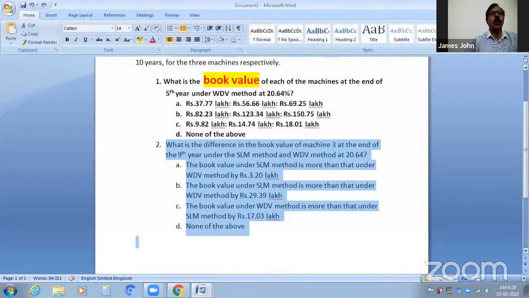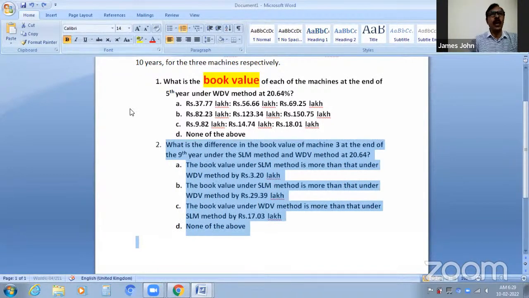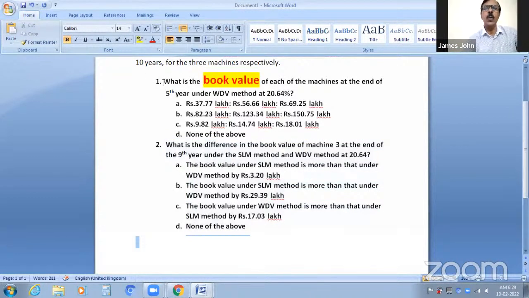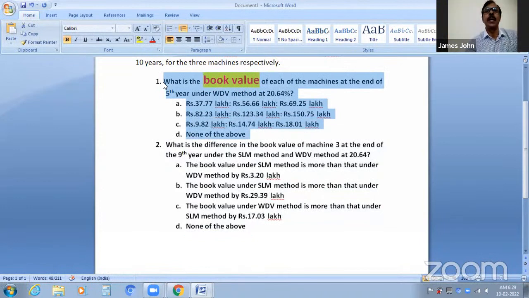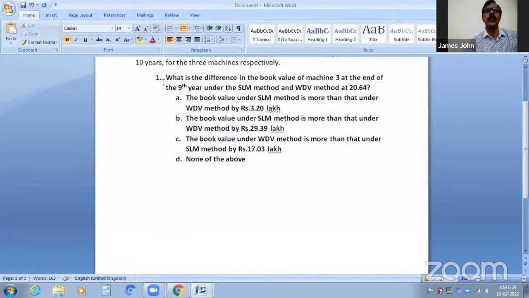If you want the book value at the end of third year, you calculate the 3-year depreciation and subtract it from the original cost. See, the basic things you write somewhere. How do you calculate depreciation? Under the straight line method, depreciation per year is original cost minus salvage value by useful number of years.